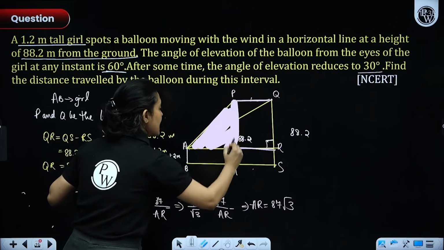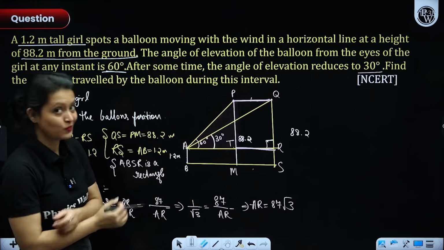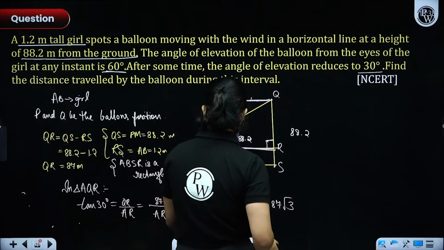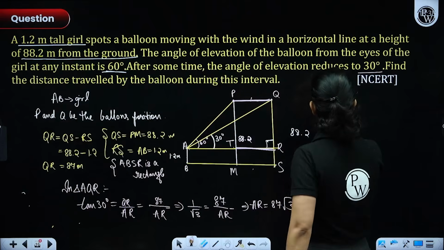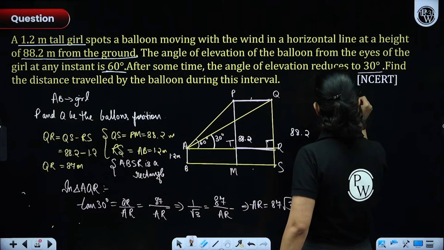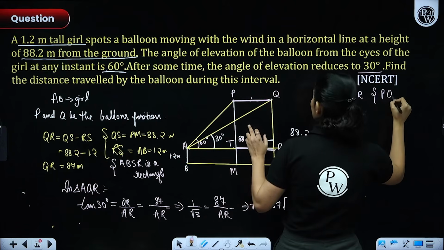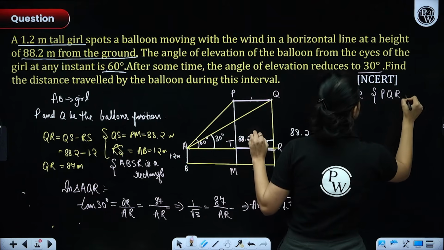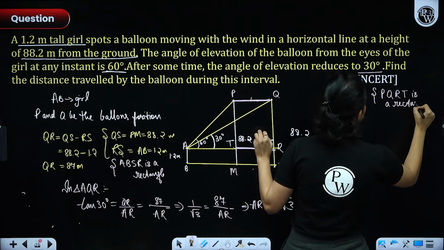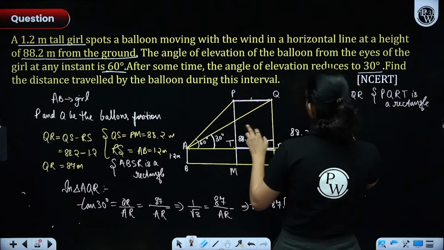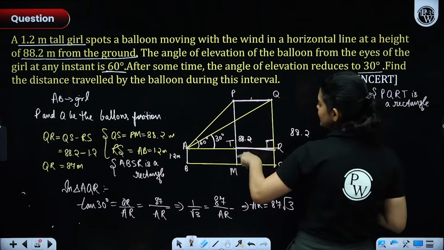In this triangle again, I have the angle of elevation and I know one side. Which side is that? PT is equal to QR because again, same logic, PQRT is a rectangle. So PT's value is equal to QR. QR's value we figured out is 87, so PT is also 87.